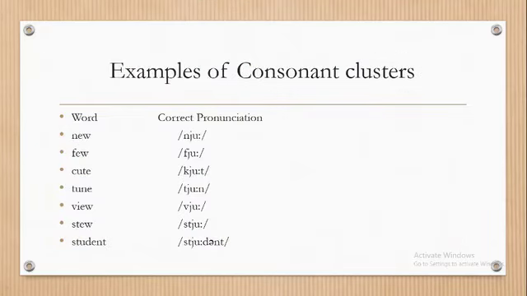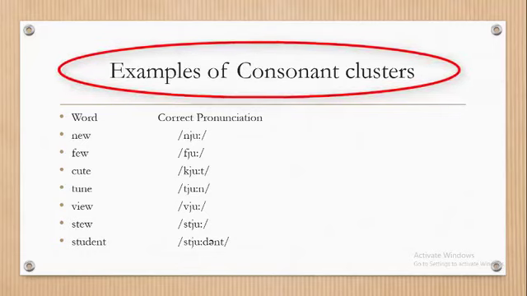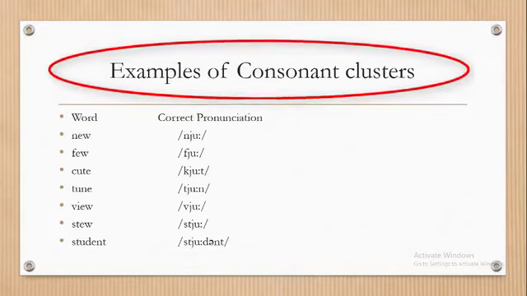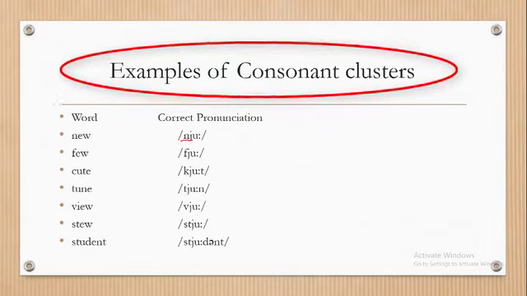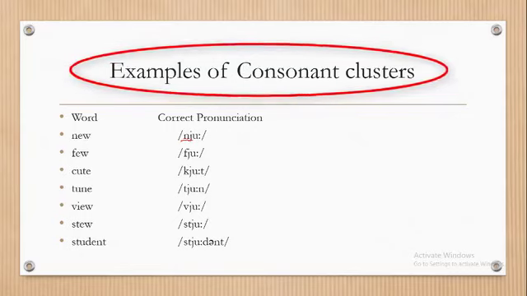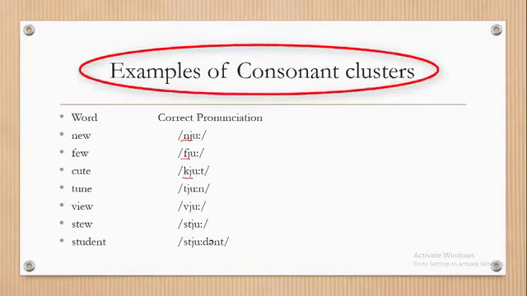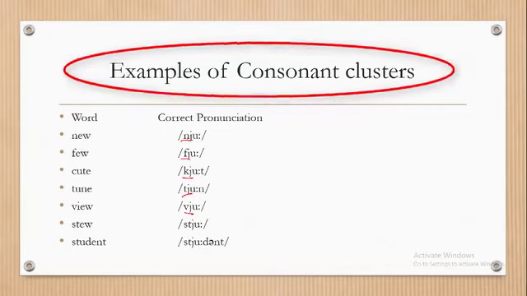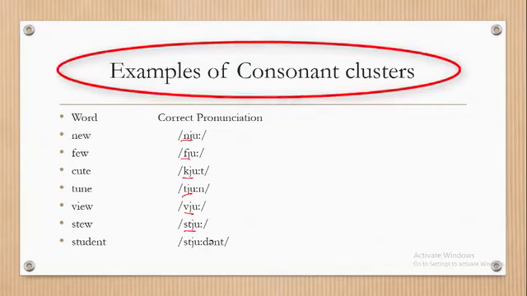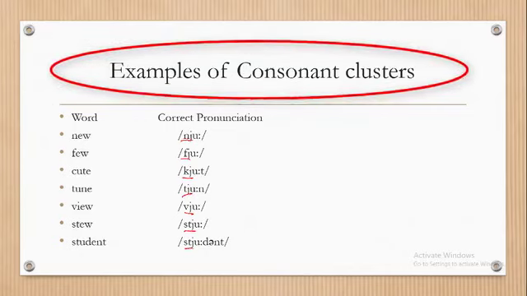Alright, so let's take examples. We have the word new, so you can see a cluster. New, before we have the u. We have few, there's a cluster here. We have cute. We have chew, there's a cluster there. We have view, there's a cluster there. We have stew, there's a cluster here.